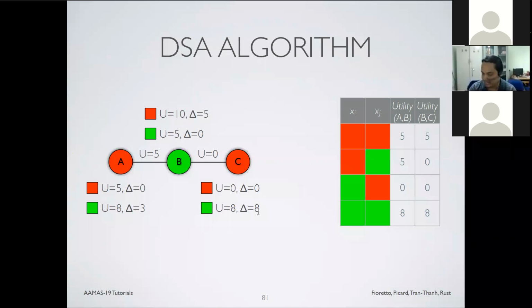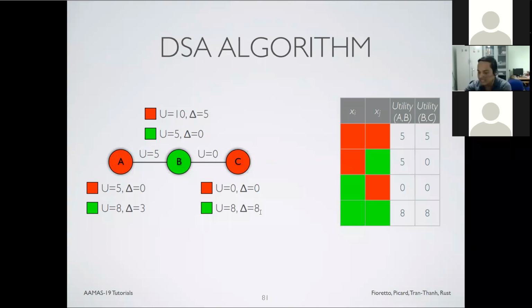So the gist of this iteration is, here instead of choosing red, if we choose green, it can give you an improvement of 3. Instead of green, if we choose red, the improvement could be 5. Instead of red, if we choose green, the improvement could be 8.